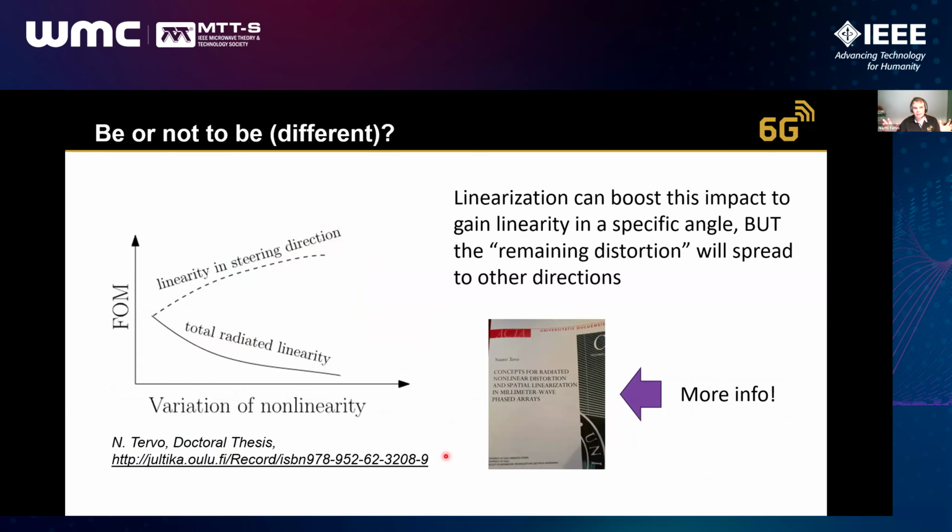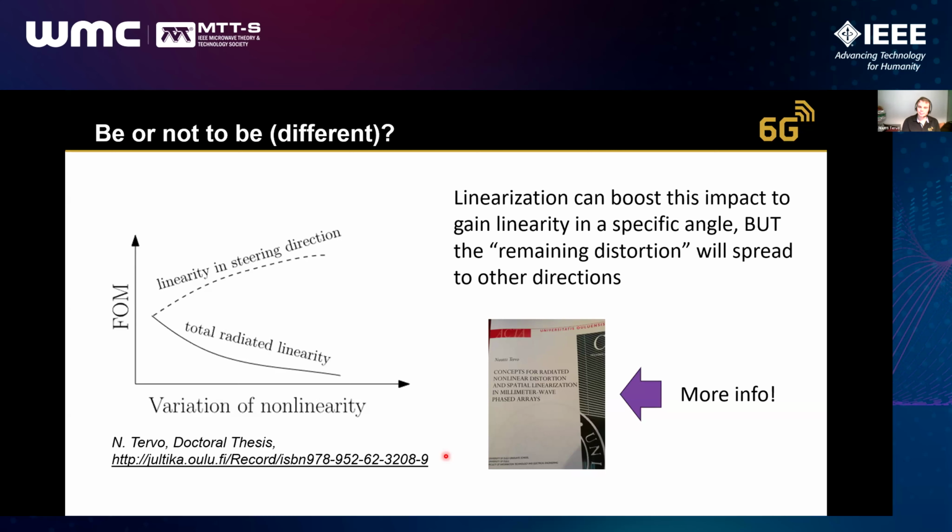Okay, so from this point of view, we can say that there is some sort of trade-off now. The trade-off is that if we have any differences, we can harness the differences to cancel each other and make this kind of combined linearization. So we can even gain from the differences. But on the other hand, if we have exactly similar amplifiers, we can have a good overall linearization performance.